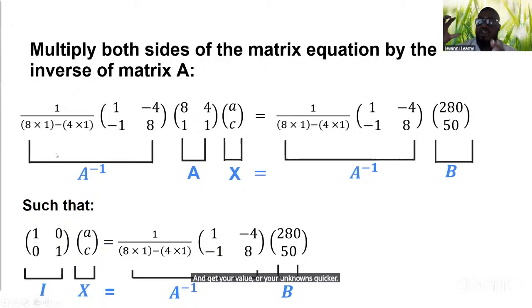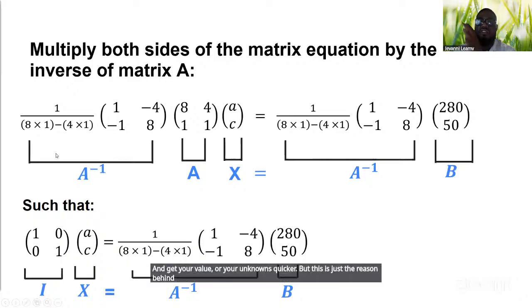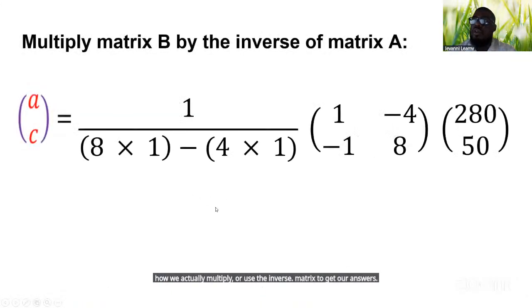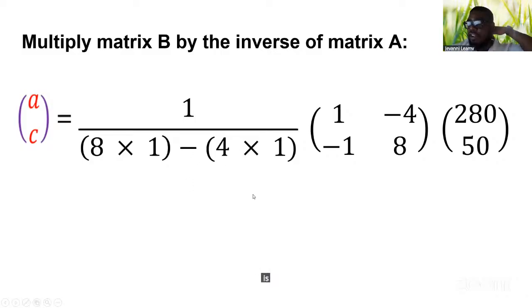But this is the reason behind everything, to show you how we use the inverse matrix to get our answers. So the unknown, our matrix X on the left side, is equal to the inverse of A multiplied by the matrix of B.